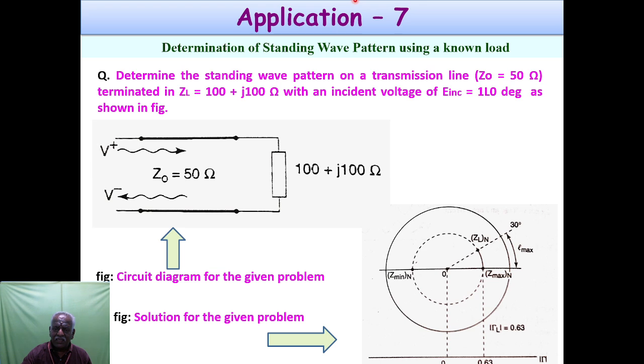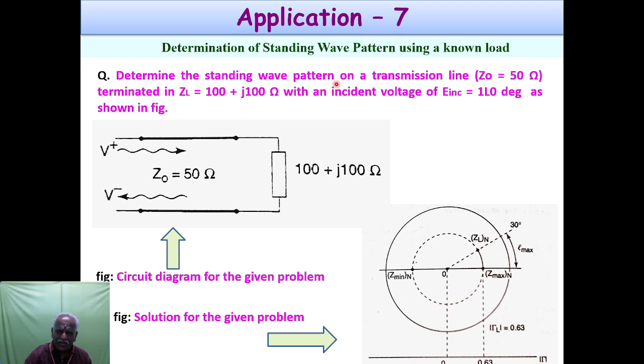Another application, similar to the previous one of determining E maximum and E minimum and their positions, is a typical problem of determining the standing wave pattern. We are plotting the standing wave pattern.